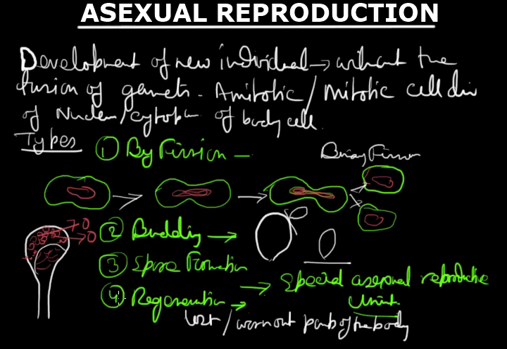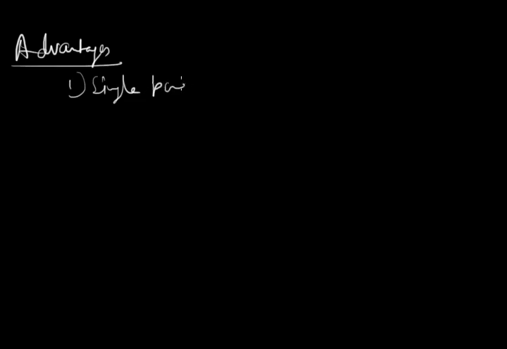Now we come to the advantages and disadvantages of asexual reproduction. What are the advantages? Number 1, a single parent cell is required, so it is a simple process of reproduction.